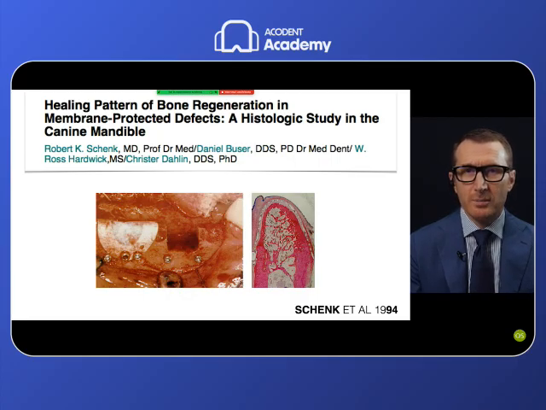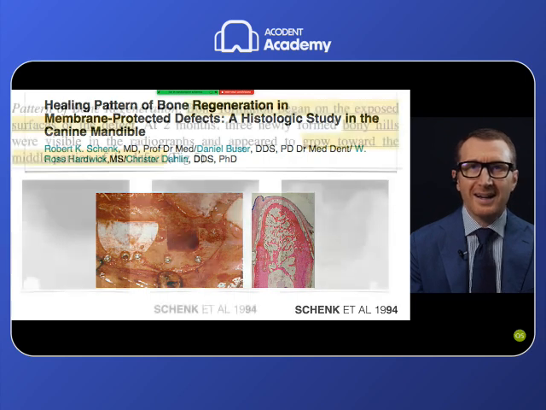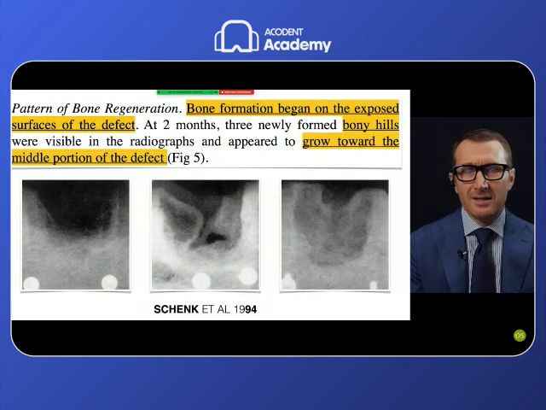For example, in a GBR scenario like this paper by Schenk in '94, where just coagulum was placed as a graft material in a protected defect with a PTFE membrane, and where it is clearly described that from each wall of the defect, a bony heel will grow towards the middle of the defect.